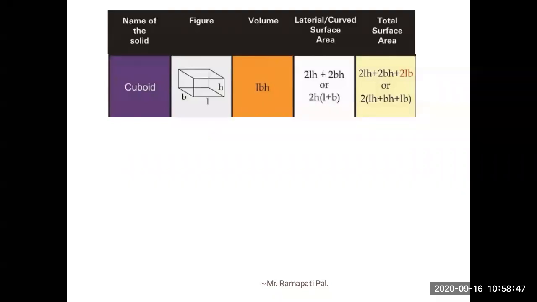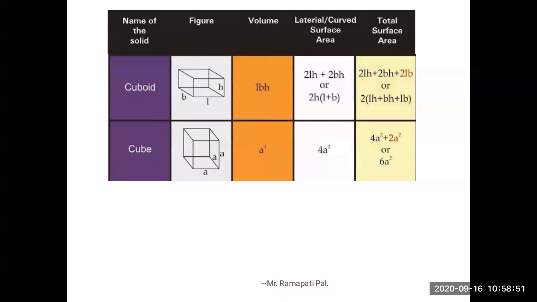Sure? Okay. Now cube. As you know the difference between cube and cuboid, in the cube all the sides are equal. Here side is represented by letter A. In our diagram, side is represented as A. So what will be its volume?